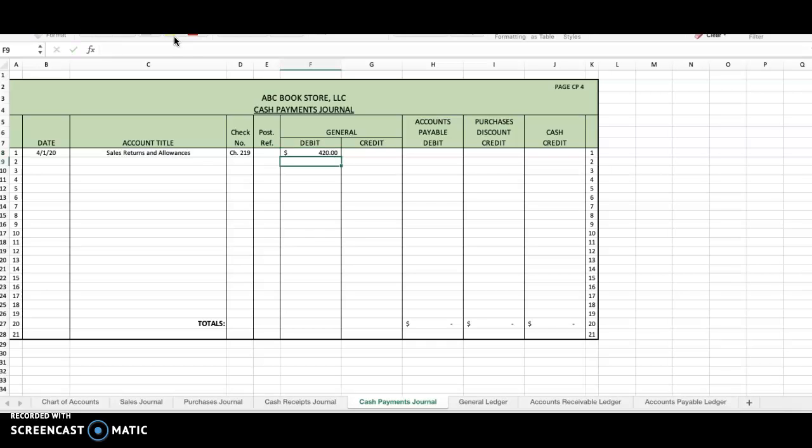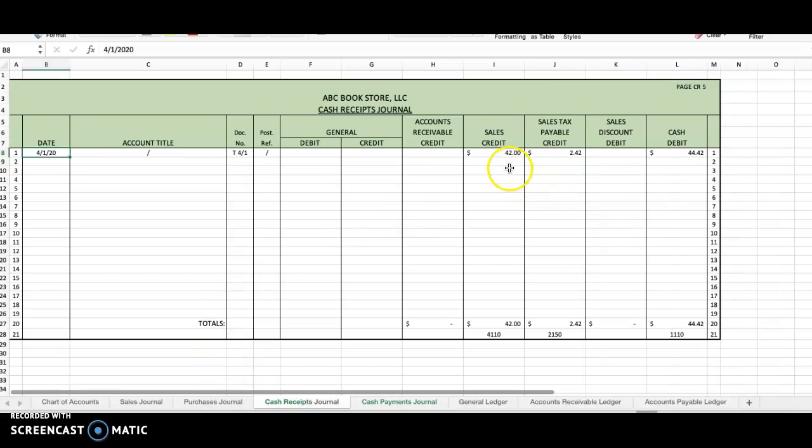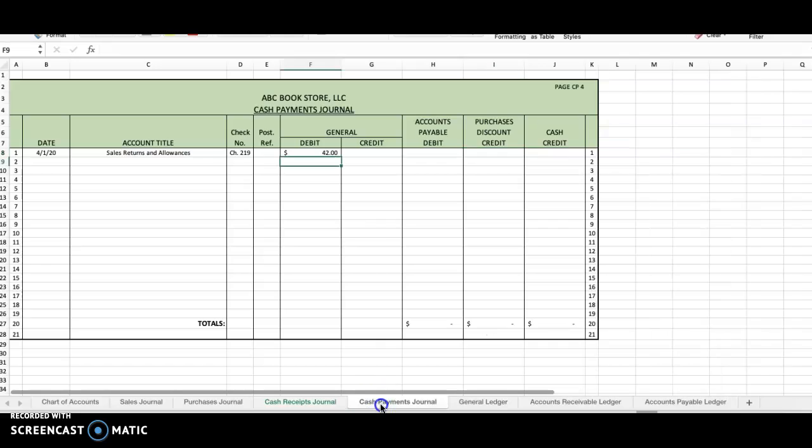And the amount used is, whoops, that is the wrong amount. It's $42. The original entry had a credit to sales of $42. So we want to nullify that by using the contra account. So we debit the $42 to sales, returns, and allowances.